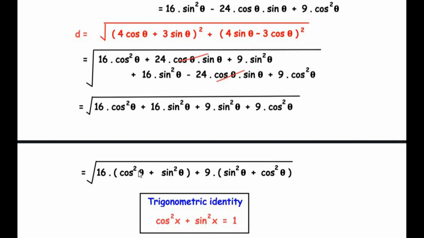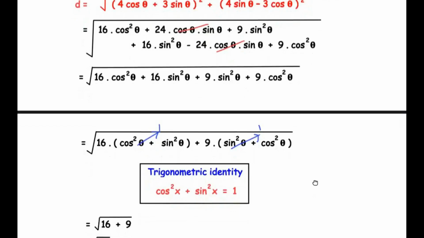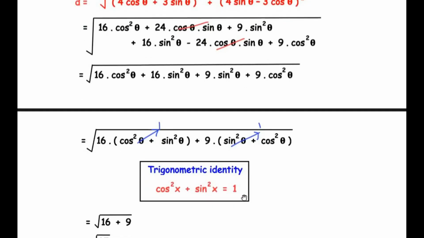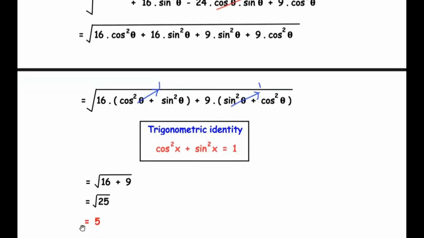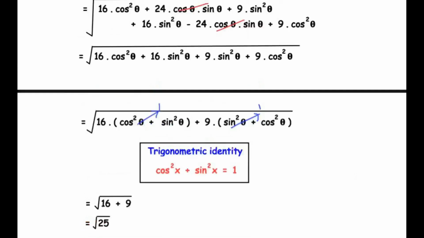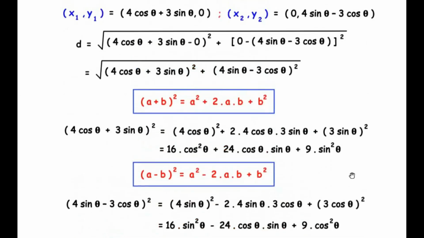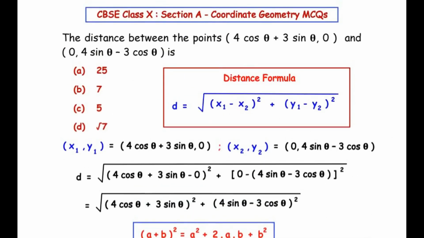So basically here this bracket goes down to 1 and this bracket also goes down to 1. So we are left with square root of 16 plus 9, which gives us square root of 25, and square root of 25 is 5. So the distance between the given two trigonometric points over here is 5, which is option C.